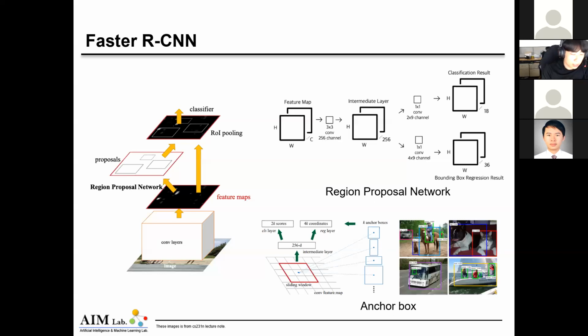That means the classification layer classifies whether it is an object or not, and the regression layer means how much the coordinates have to move to make the box accurate.